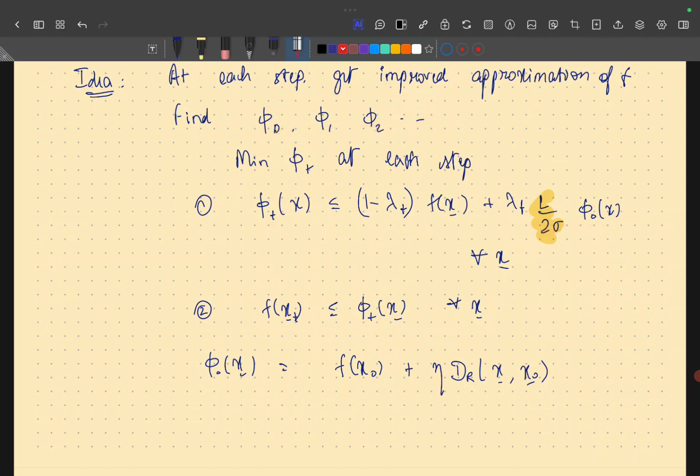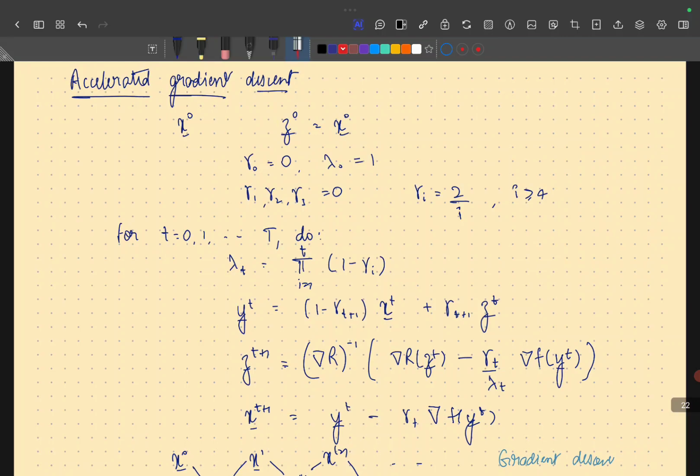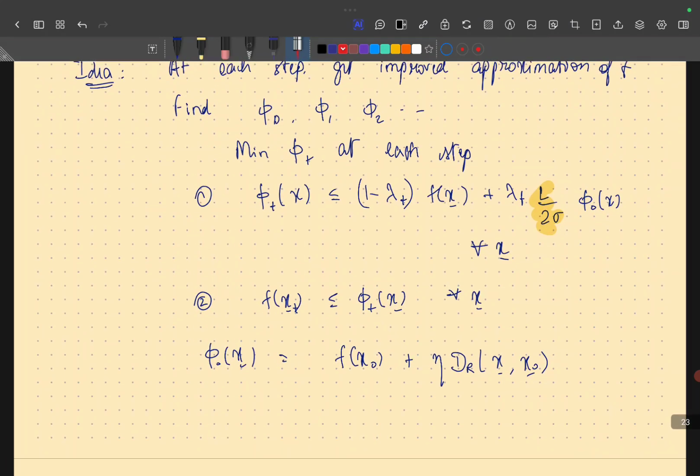The second claim is that this particular algorithm, accelerated gradient descent, does precisely that. That second part I'm not going to be able to prove because it's fairly involved, showing how you come up with the sequence of functions phi requires a little more work.